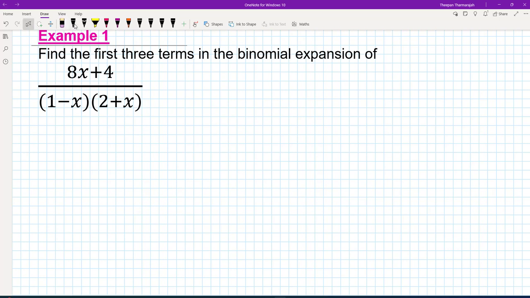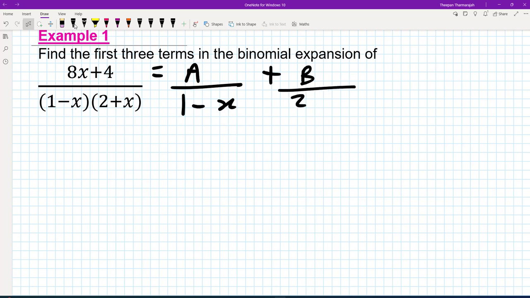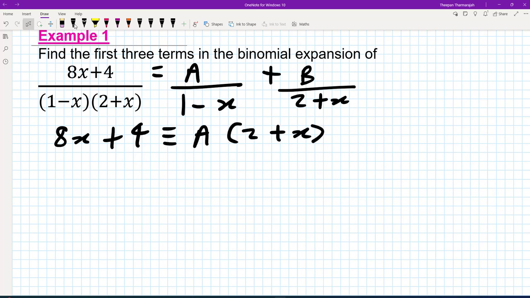Okay, welcome back. So we've got the following: a over 1 minus x plus b over 2 plus x. You want this in partial fractions, so we're going to write that as 8x plus 4, and we want the first 3 terms of the binomial expansion later, which is going to be a times 2 plus x plus b times 1 minus x.